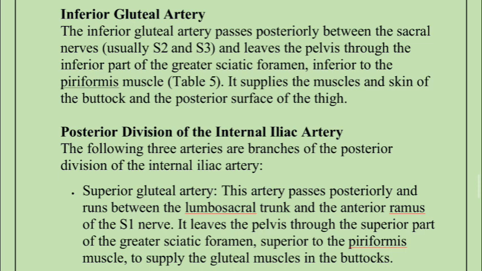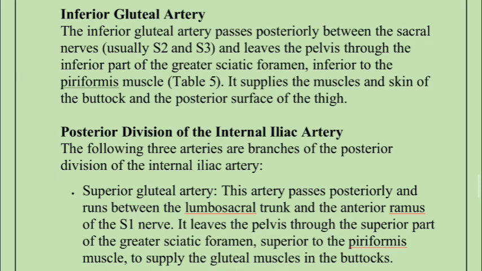So it's not actually supplying the pelvic structures, but it's given off there, so we refer to it as part of the pelvic arteries. You note that some of these pelvic arteries don't actually supply pelvic structures, but they are given off in the pelvic region, so we say they are pelvic arteries.